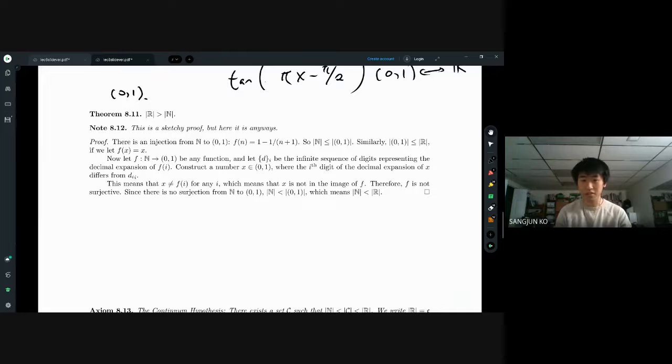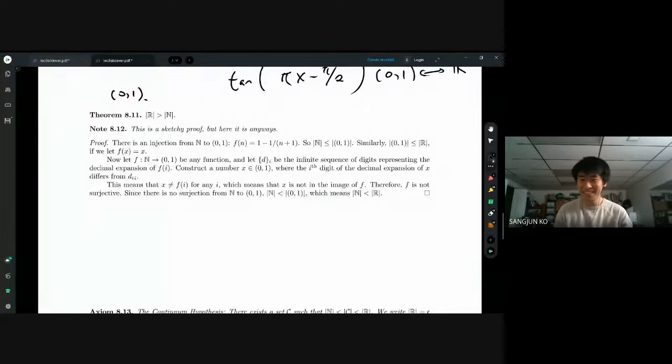This is actually a very sketchy proof. There's a few details that are left out. So we've got some time, so let's actually think about some of the details. Now, if you wrote something like this, you would probably get some points taken off for style, actually.